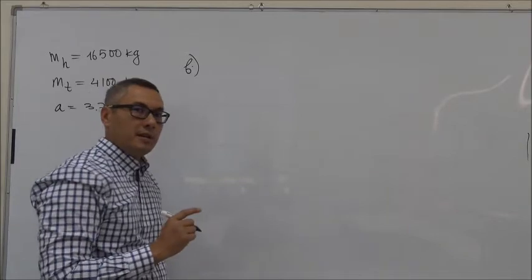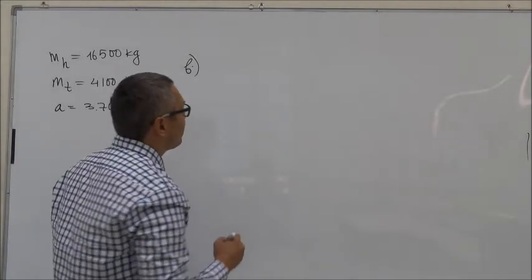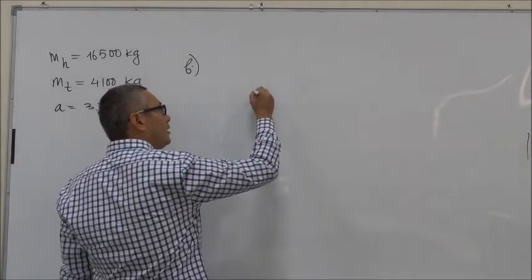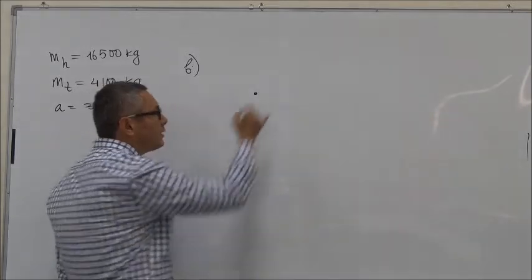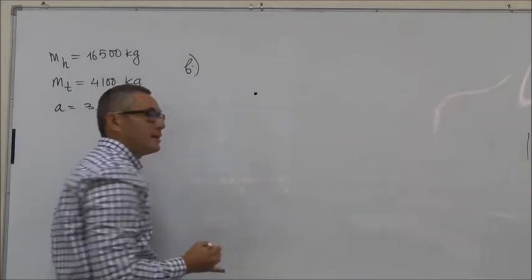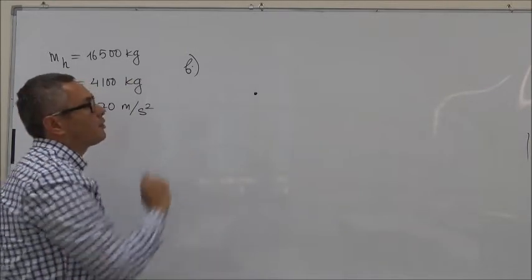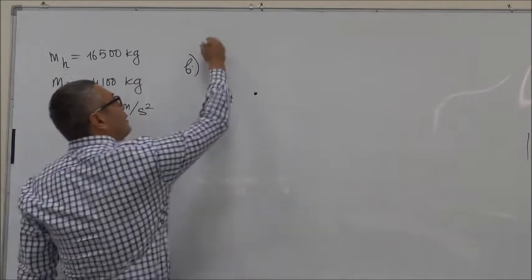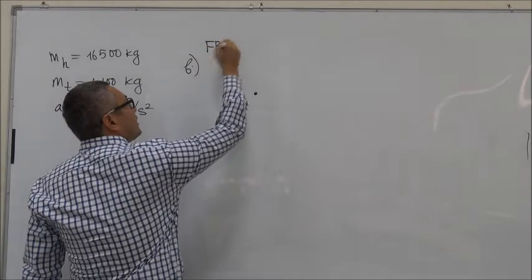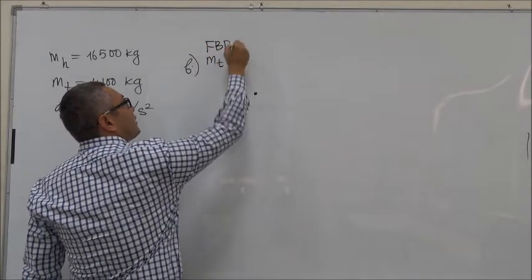So, just as we did in part A, let's start by drawing a free body diagram. But now, the system that we're drawing a free body diagram for is not the helicopter and the truck, but just the truck itself. So this point is representing the free body diagram for just the truck.